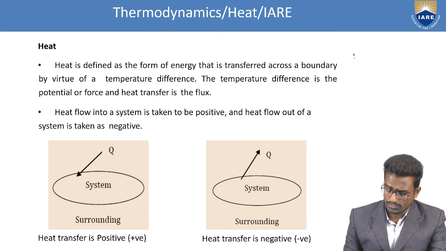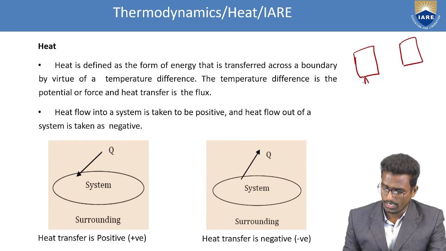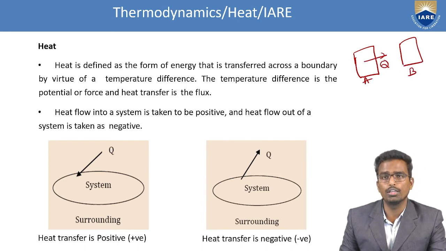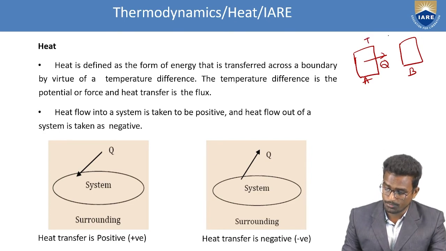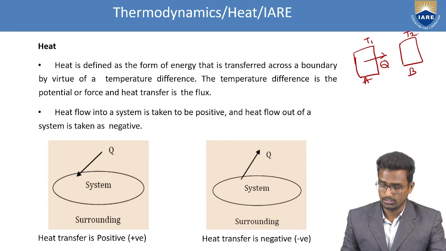If you want to transfer heat from one body to another, take body A and body B, there must be some temperature difference. This is T1, this is T2. If heat needs to transfer from A to B, there should be a temperature difference.